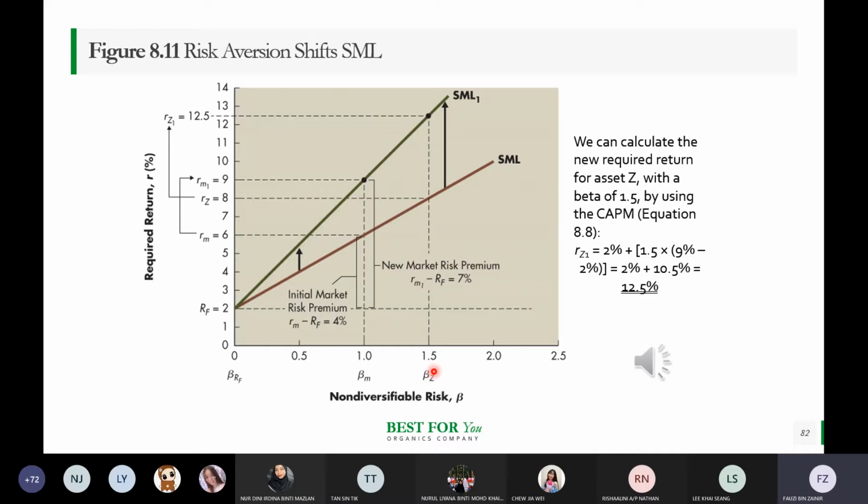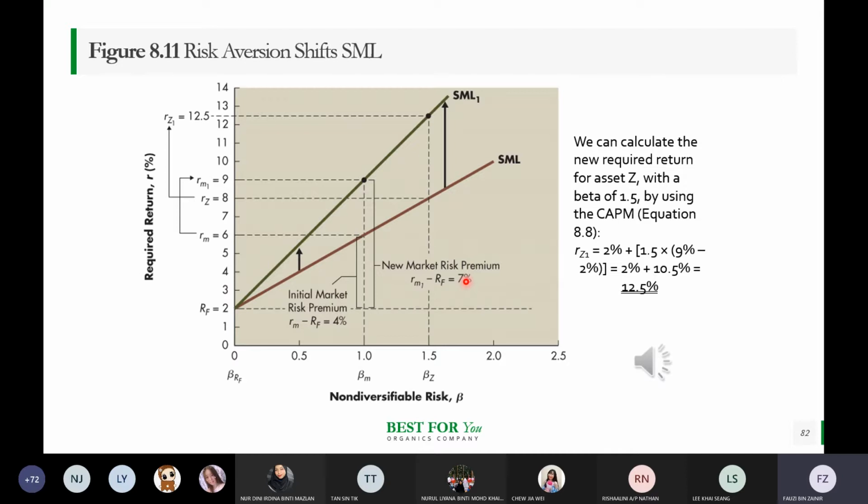Assume that recent economic events have made investors more risk averse, causing a new high market return RM1 of 9%. Graphically, this change would cause the SML to pivot upward, as shown in figure 8.11, causing a new market risk premium, that is RM1 minus RF, of 7%.